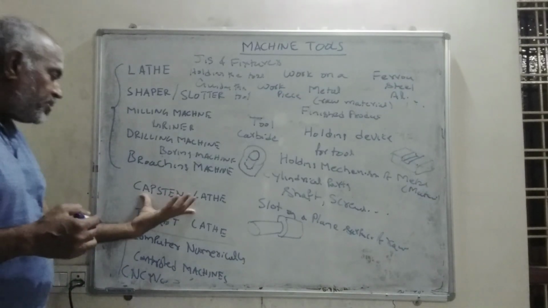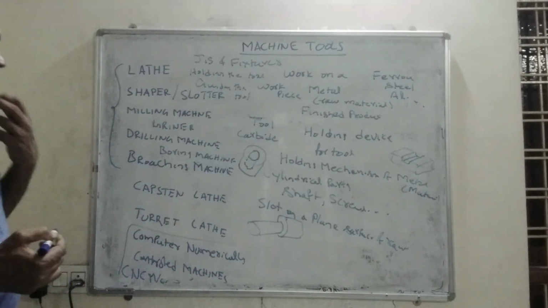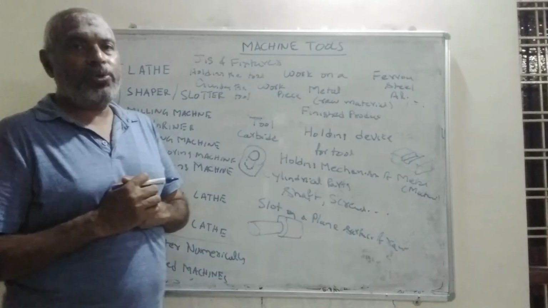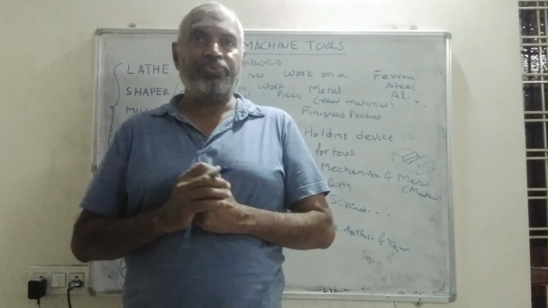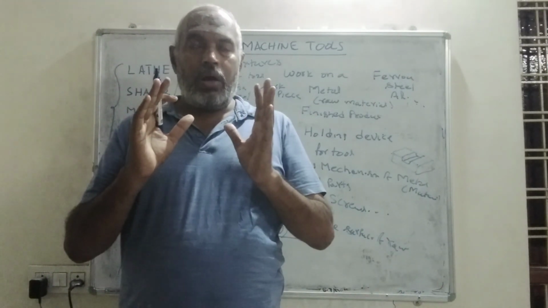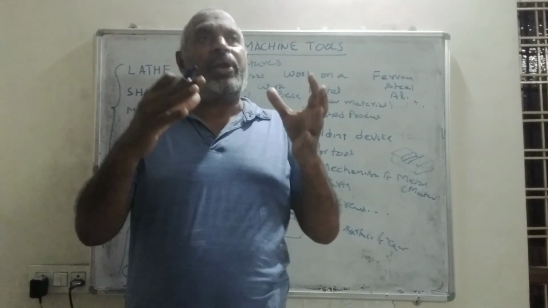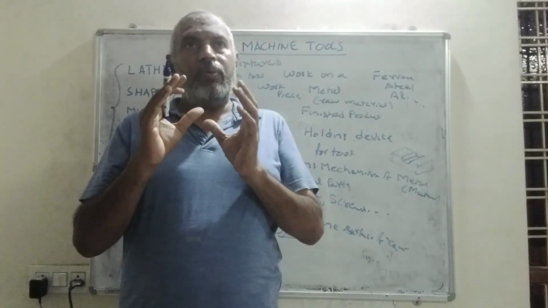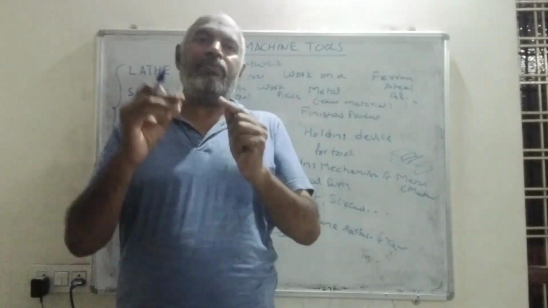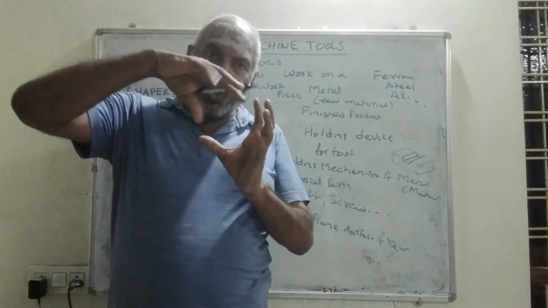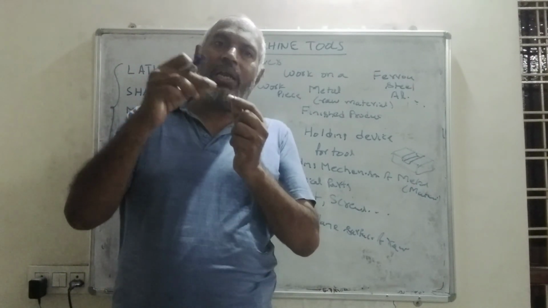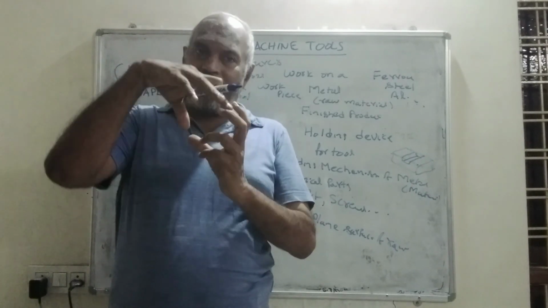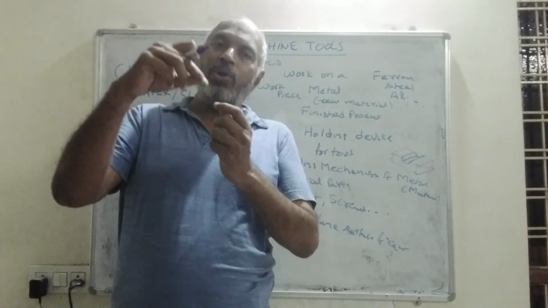Now, the capstan and turret lathes. These capstan and turret lathes are automatic machine tools. Now, what is this automatic machine tool? I want to do several operations on that particular workpiece. By one tool, we will do one operation for say some 10 minutes. We rotate, and a new tool will come into place and do another operation. After that, the turret will be rotated and it will do another operation.